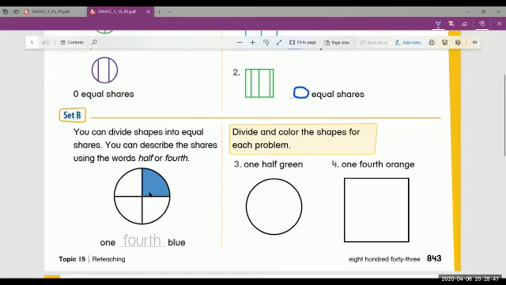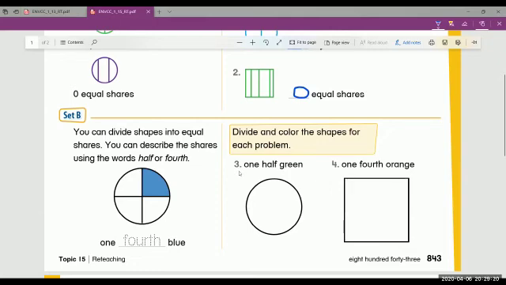Yes, what do we say? We say 1/4 blue. Or we can say 1 out of 4 is blue. Or we can also say 1/4. Here, divide and color the shape for each problem.